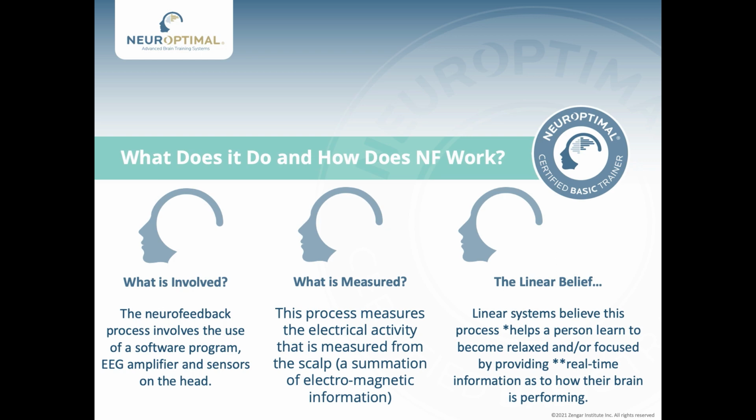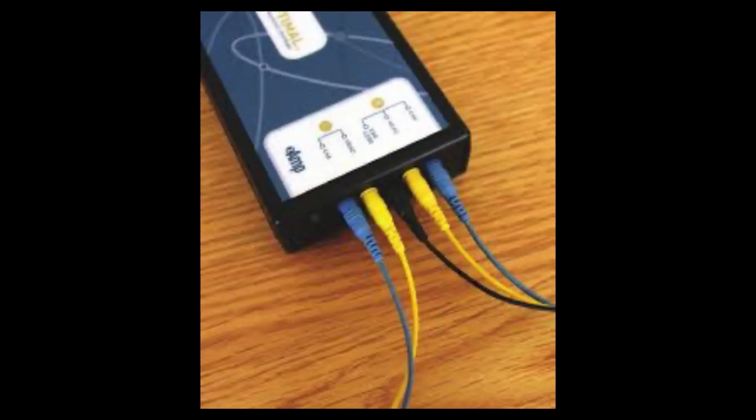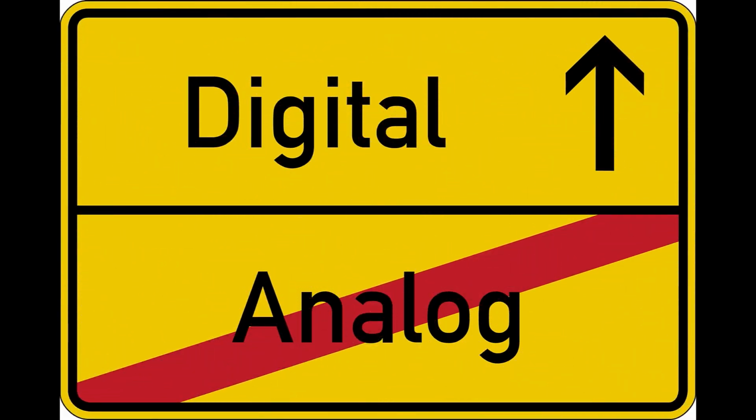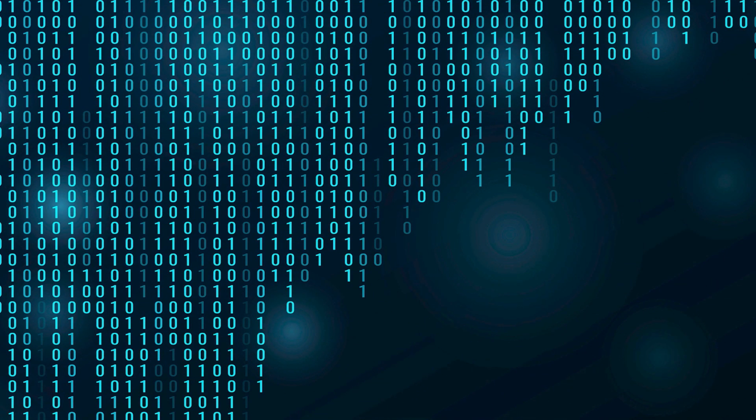We have what we call our Z amp. That amplifier takes that electrical activity and makes it louder. More than that, it also changes it from an analog signal into a digital signal so that the computer can read it and understand it.